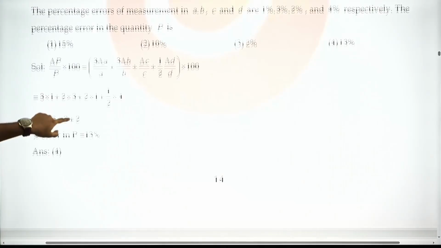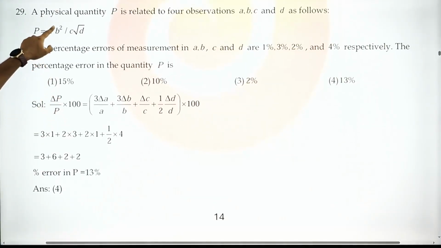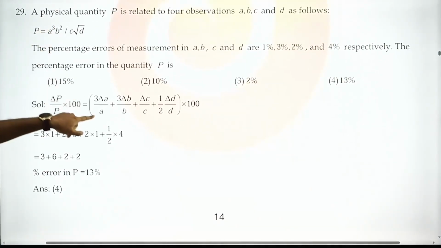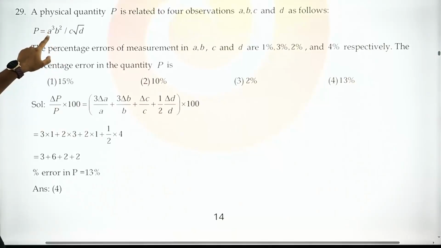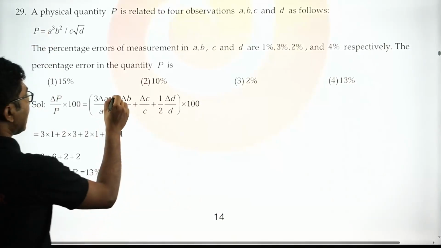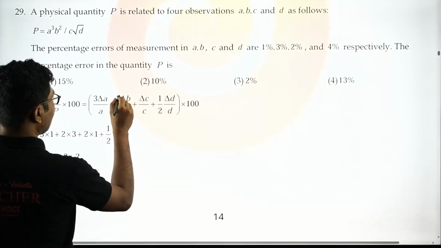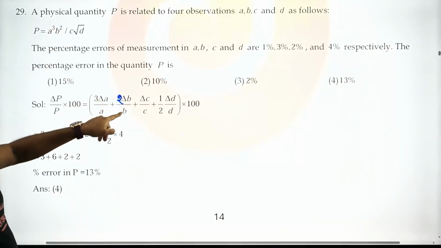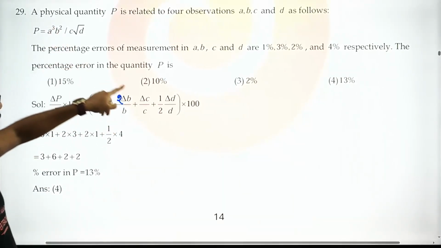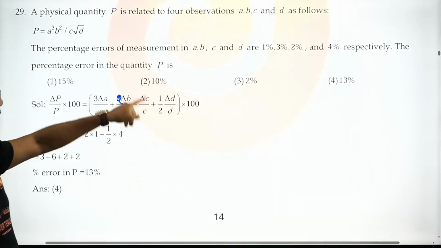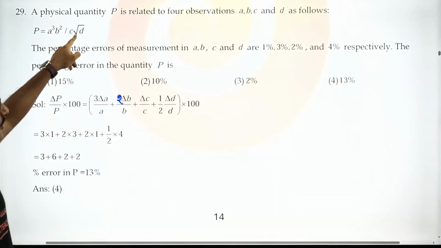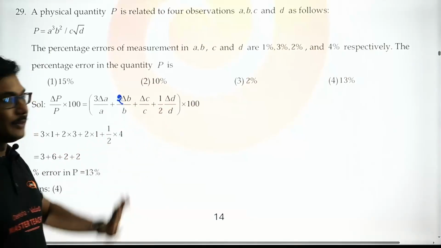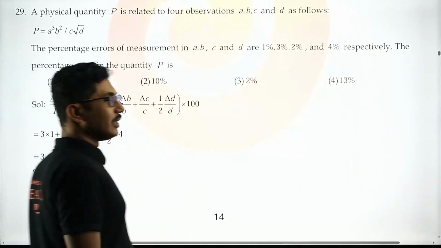And while doing it, what you will get? 3 delta A by A. Okay, it will be 2 delta B, not 3. 2 because b square, so it will be 2 delta b by b. C is in division, so it will be delta c by c, and here we have the power half, so it will be half delta d by d, right?